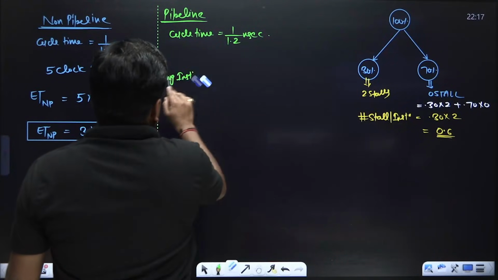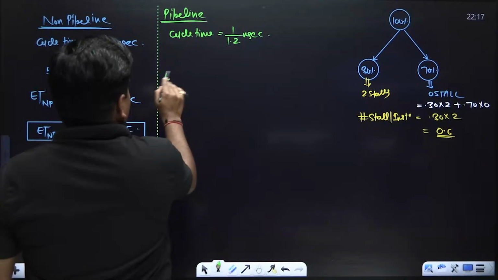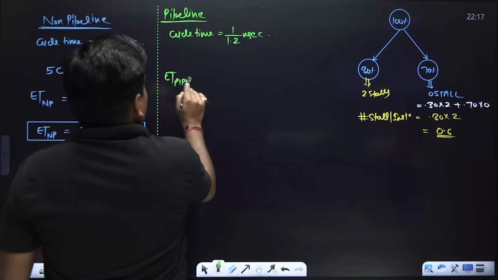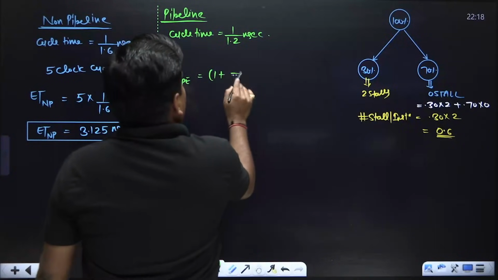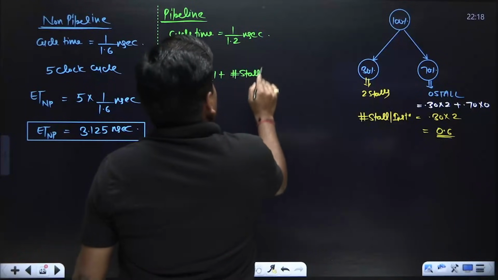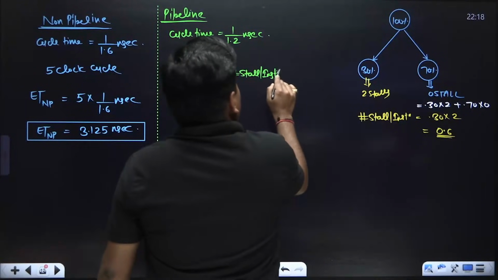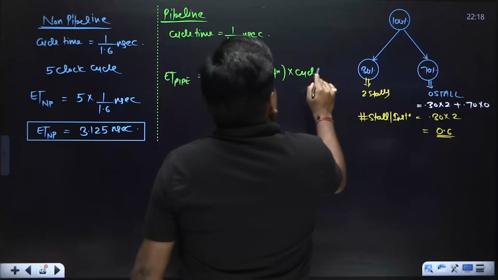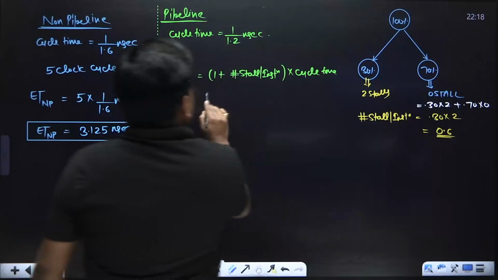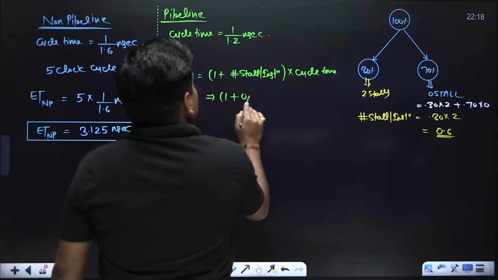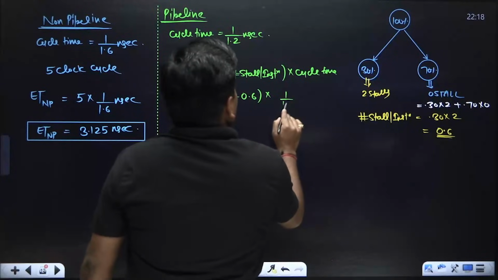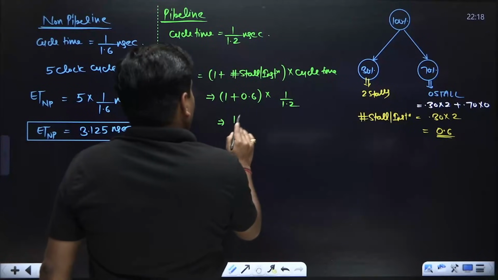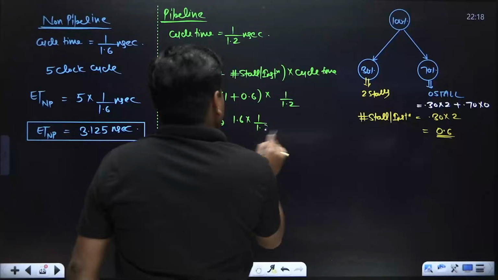You can say the execution time in pipeline is 1 plus the number of stalls per instruction, into cycle time. 1 plus 0.6, into 1 upon 1.2.